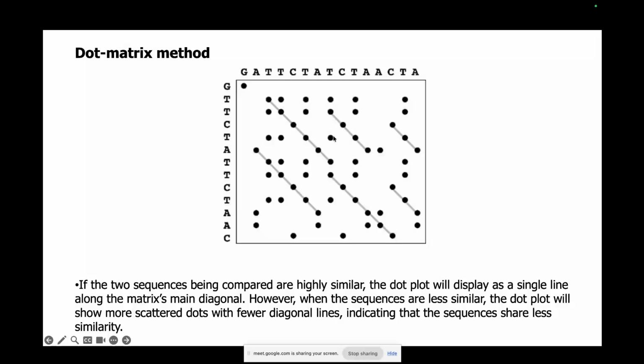If you have parallel lines to the diagonal, that indicates there are repetitive regions. And if you have lines in the opposite diagonal, rather than the leading diagonal, it means there are inverted sequences as well. So just keep a few things in mind.